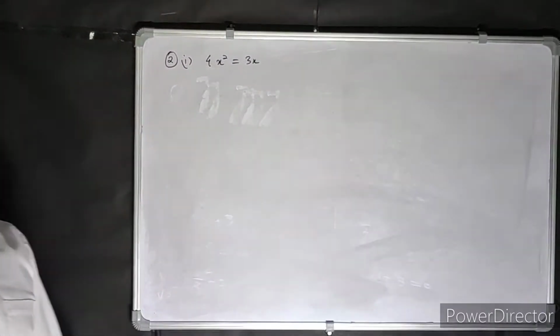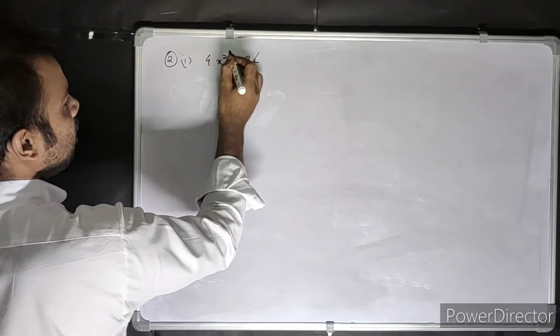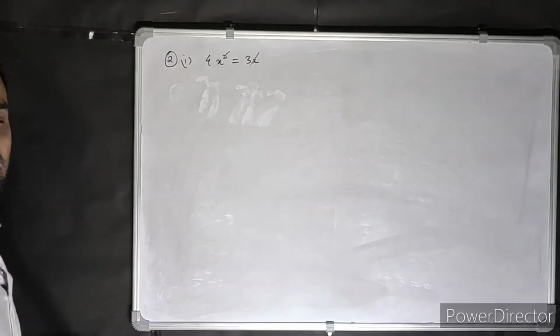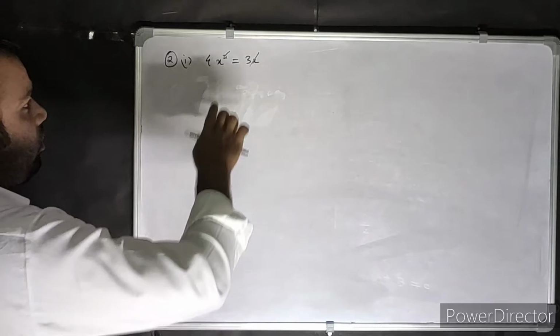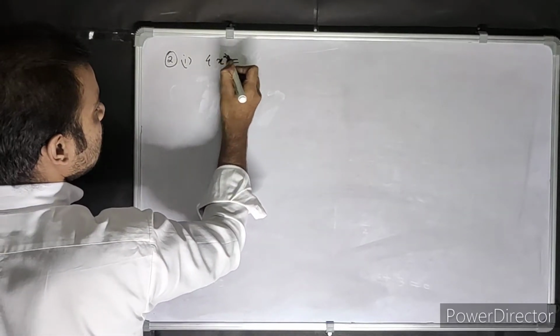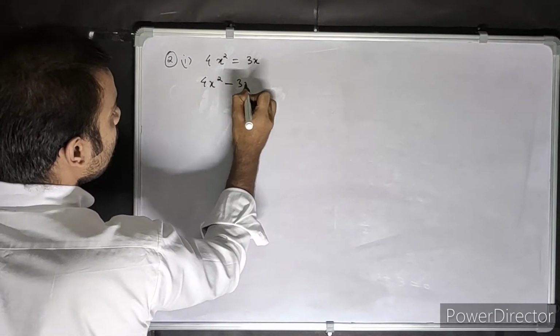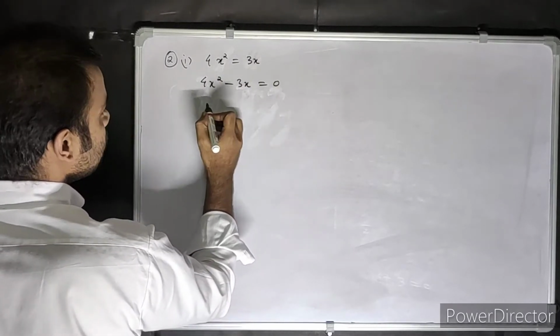Now, I know some of you are looking at this and saying, okay, let's cut an x on both sides. Don't do that. Please don't do that. That would be wrong. So you do 4x squared minus 3x equals 0.